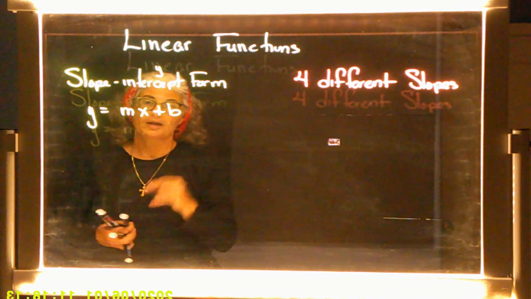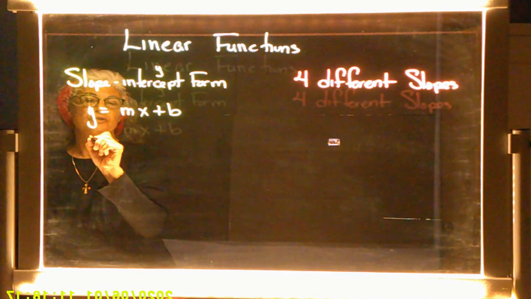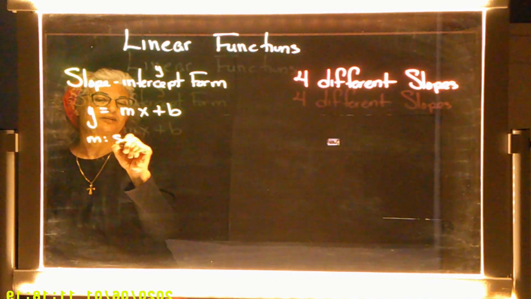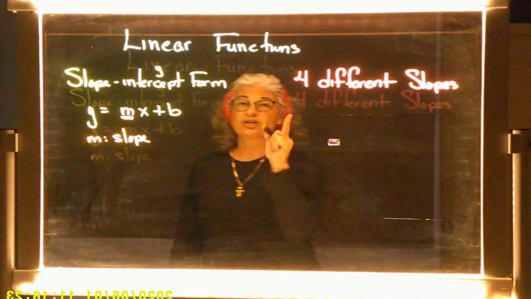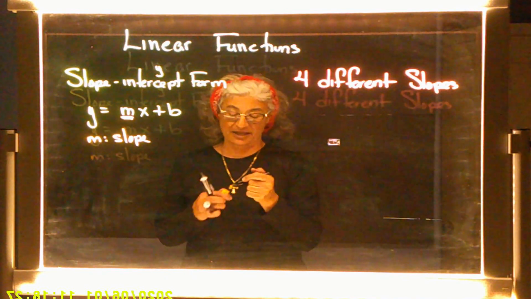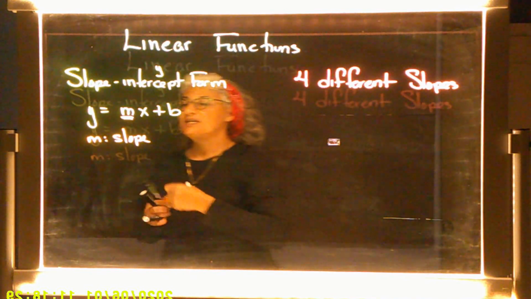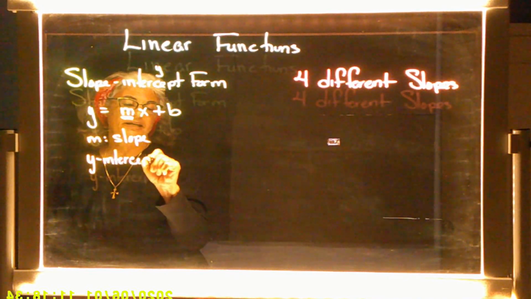So, again, not trying to insult your intelligence. The slope is going to be designated by the variable m. Notice the slope is the coefficient of the x, as long as the y is by itself. The y-intercept, remember how you find the y-intercept.